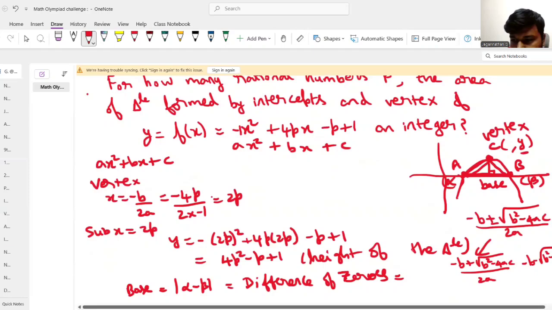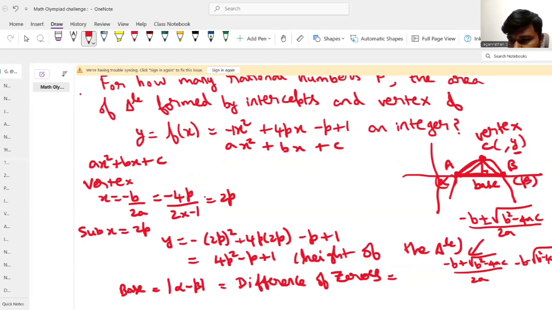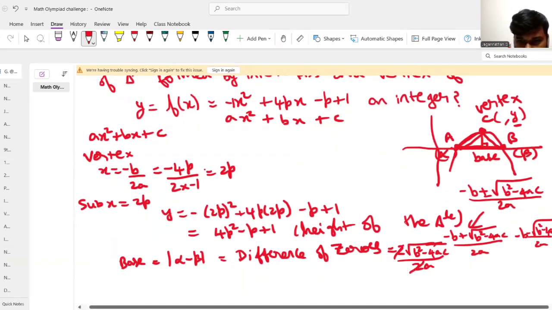If you subtract them, the 2a stays, and minus b minus of minus b cancels off. This will give you 2 times root of b square minus 4ac by 2a. This happens to be the base.